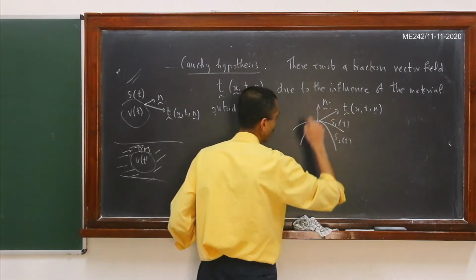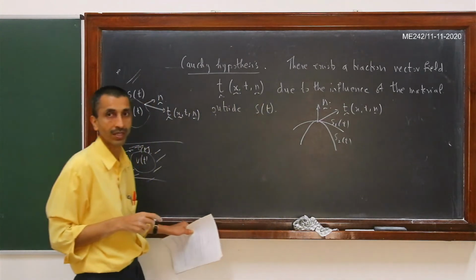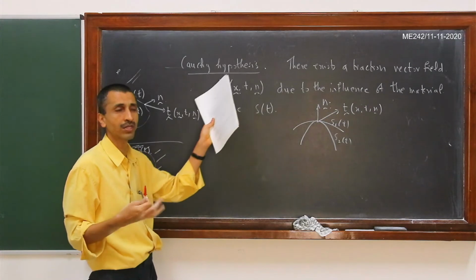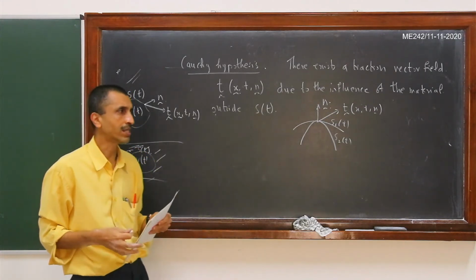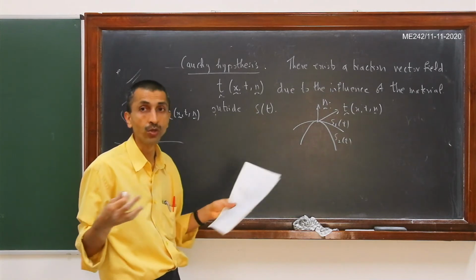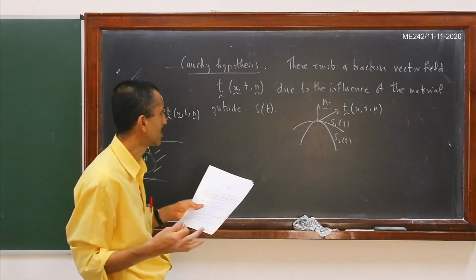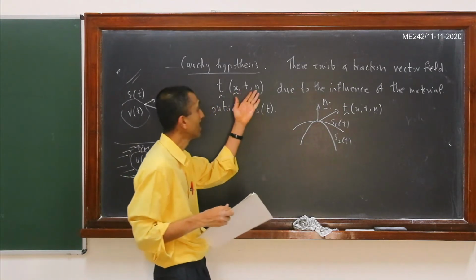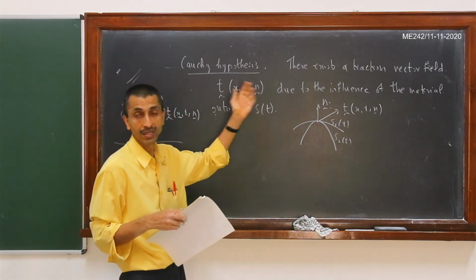Then the traction vector on both these surfaces will be the same. As I said, this is a hypothesis. A hypothesis is like an axiom. It's an assumption that we make based on some intuition or physical understanding. There is nothing to directly verify whether such an axiom is correct or not.